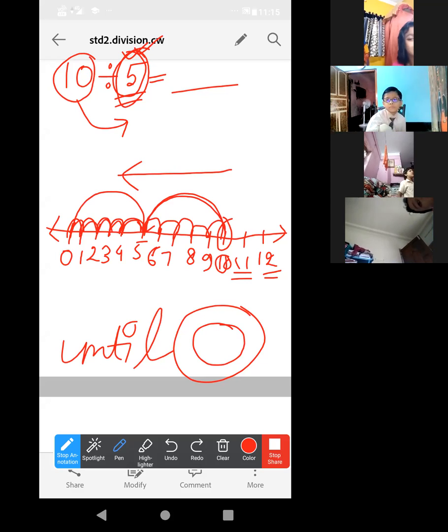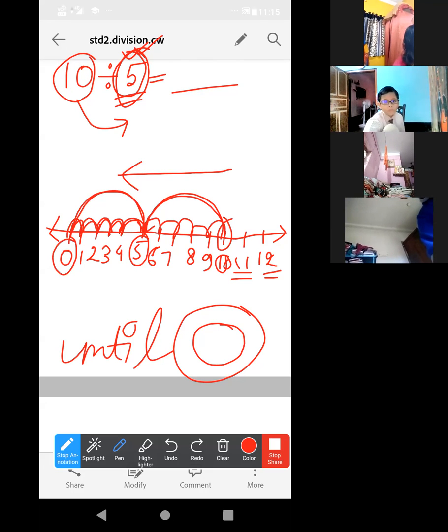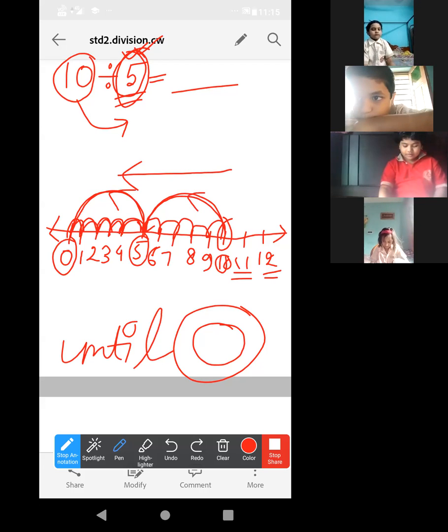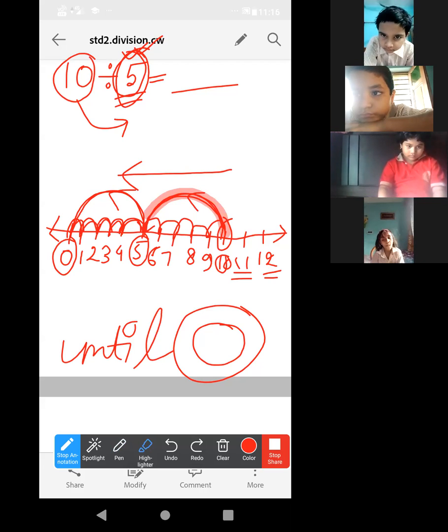So from this 5 we moved and reached 0. This one is the first move, this one is the second move. In the first move we reached 5 from 10. In the second move we reached 0. So now that we have reached 0, we should stop here.